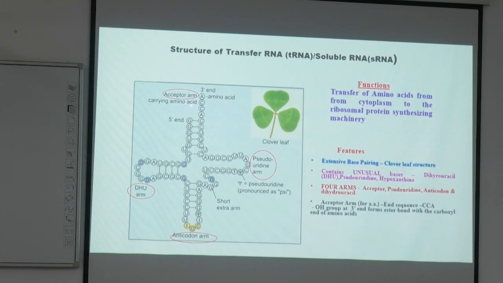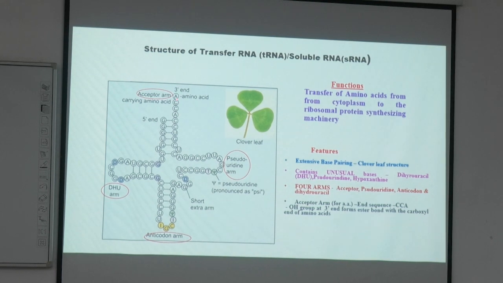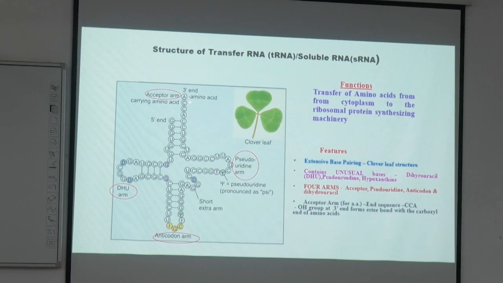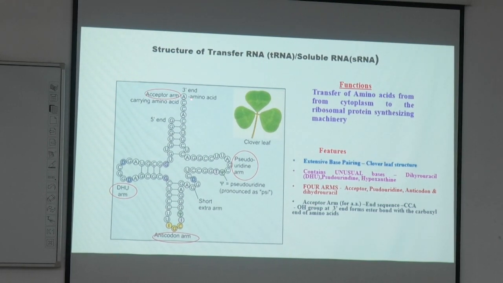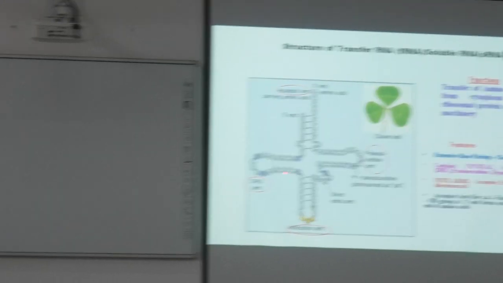One is the acceptor arm, the 3' end, which has the CCA sequence, and that binds to the amino acid through a hydroxyl bond, that is an ester bond. There are also unusual bases present in tRNA: pseudouridine, hypoxanthine, and dihydrouracil.